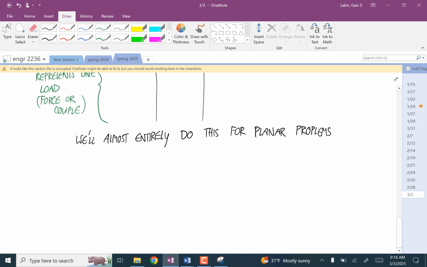So for example, a row of this would look something like this: the rho vector, force vector, moment vector.